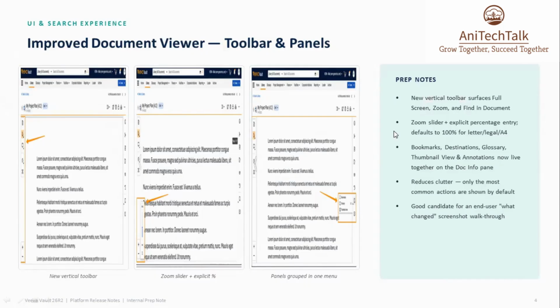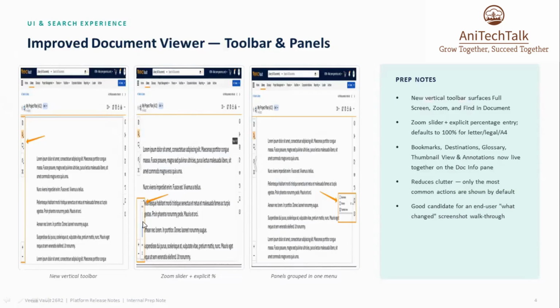Now you can see the new vertical toolbar available here. Zoom and find in the document screen are available, and annotation is also available. The screenshot is not proper, so feel free to check the release note and you'll get a good screenshot to visualize it.